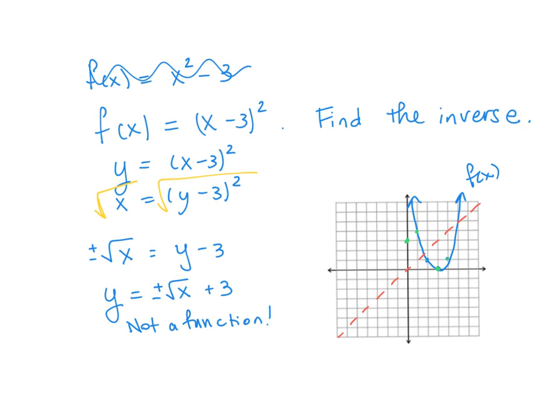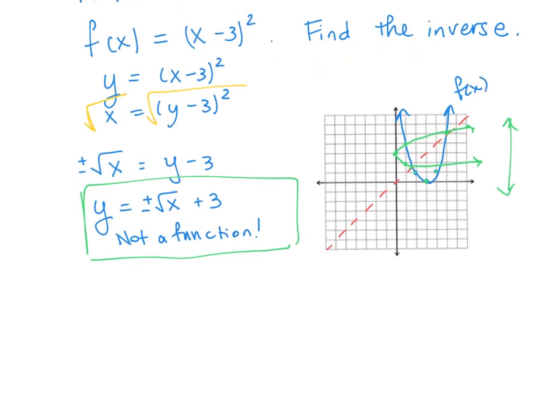And this point, 2, 1, is going to go to 1, 2. And I can draw this sideways parabola, right? This green sideways parabola is not a function since it will not pass the vertical line test. Any vertical line will hit it twice, right? And so we can write this as the inverse. We just won't call it a function this time.